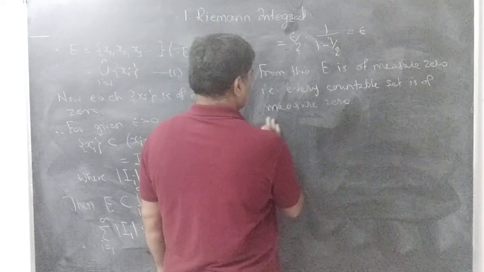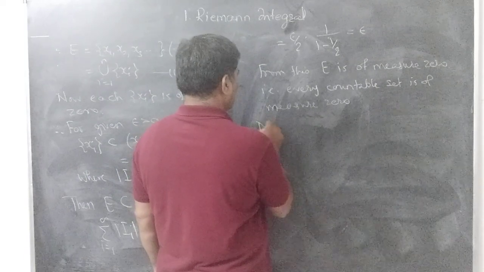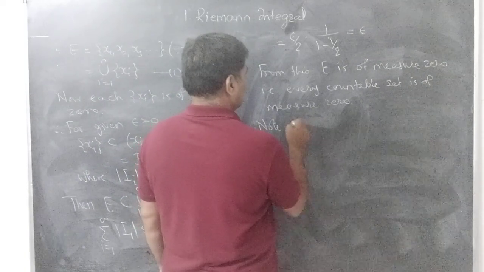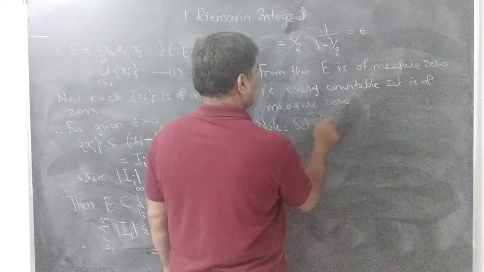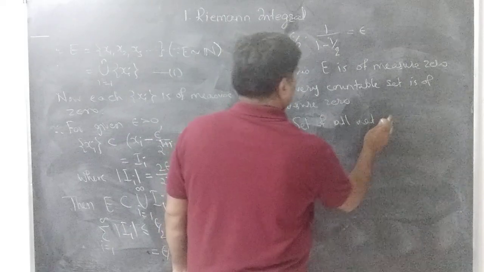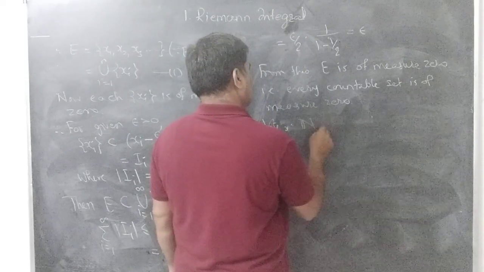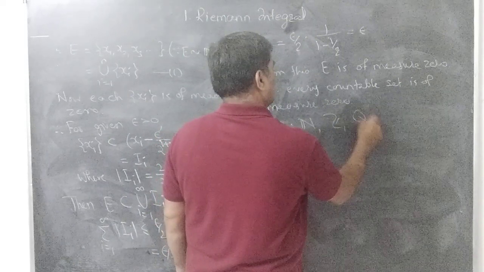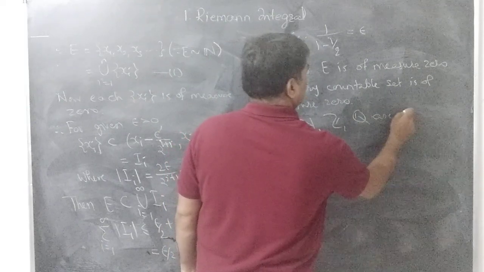Therefore, note that the set of natural numbers, or N, Z, Q are countable subsets.